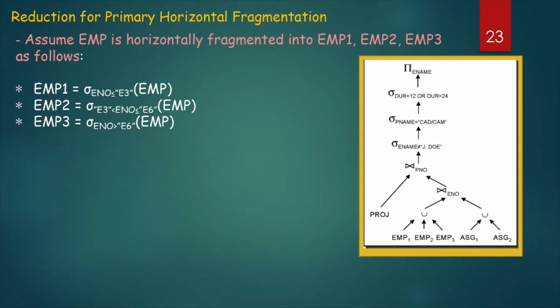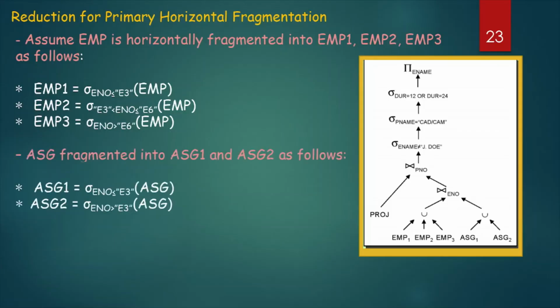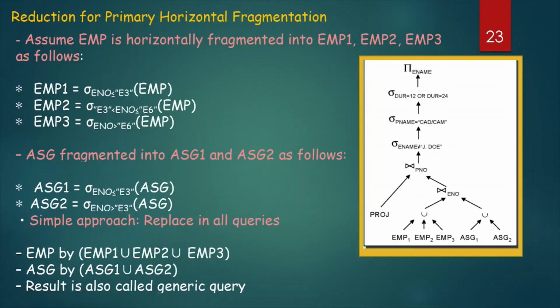Again, the ASG table is also fragmented into two tables, ASG1 and ASG2. In case of ASG1, employee number is less than equals to E3, and in case of ASG2, employee number is greater than E3. Now, what is the approach? The approach is to replace in all queries.